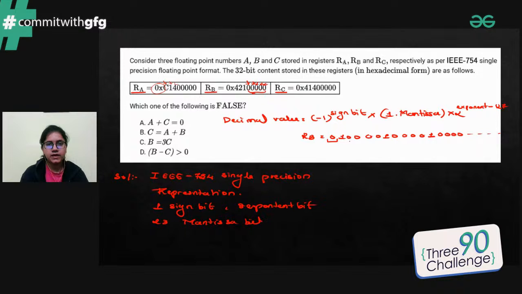And these 8 bits will be for the exponent. Yes, are you talking about MSQ? The question can come, but solving such questions in MSQ will go too lengthy.